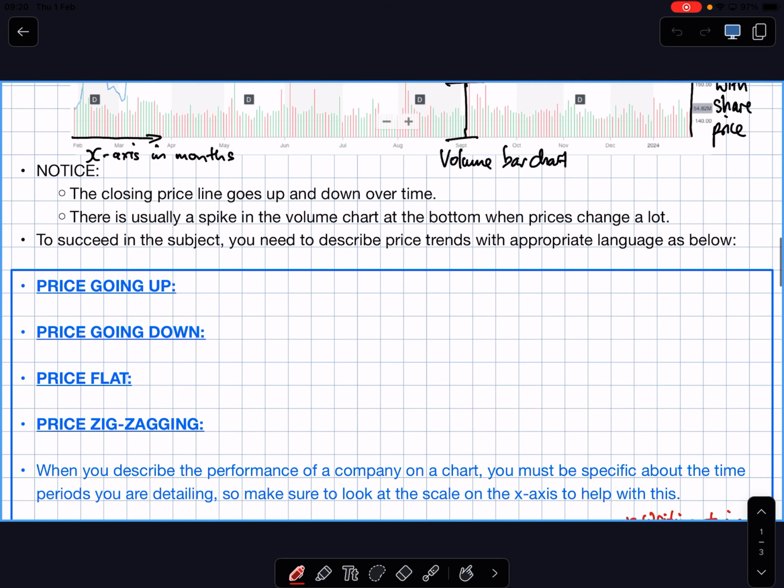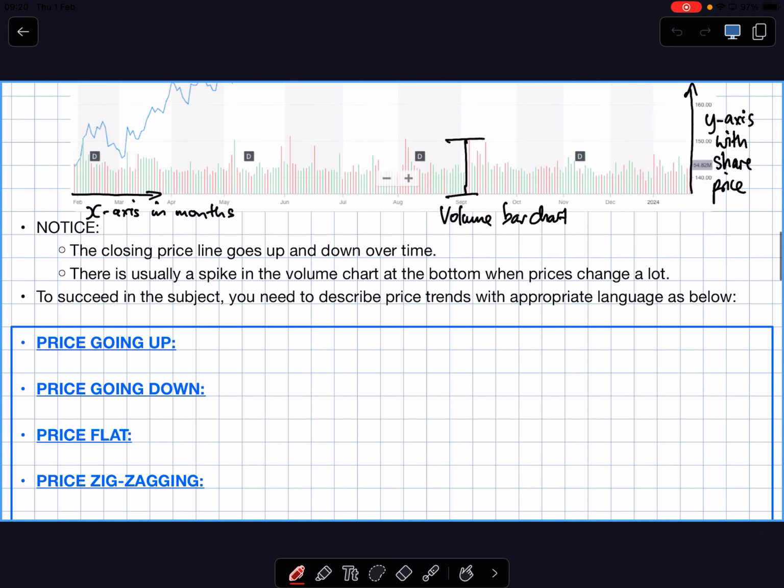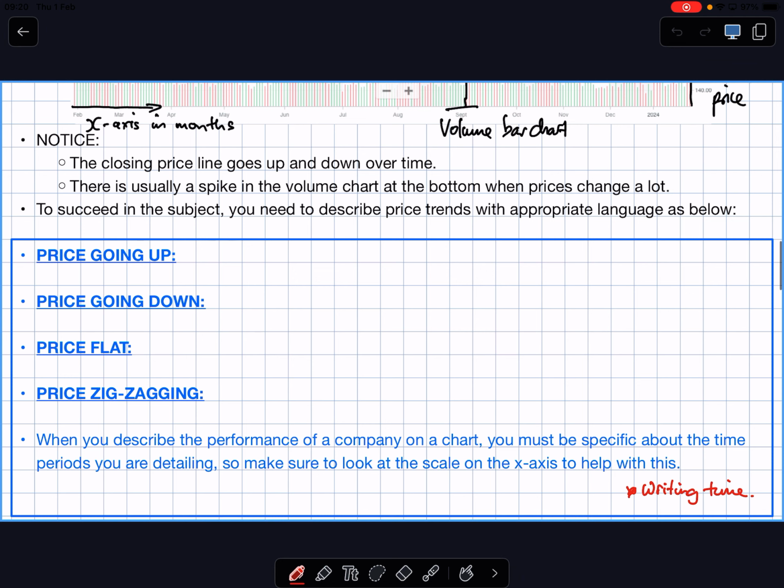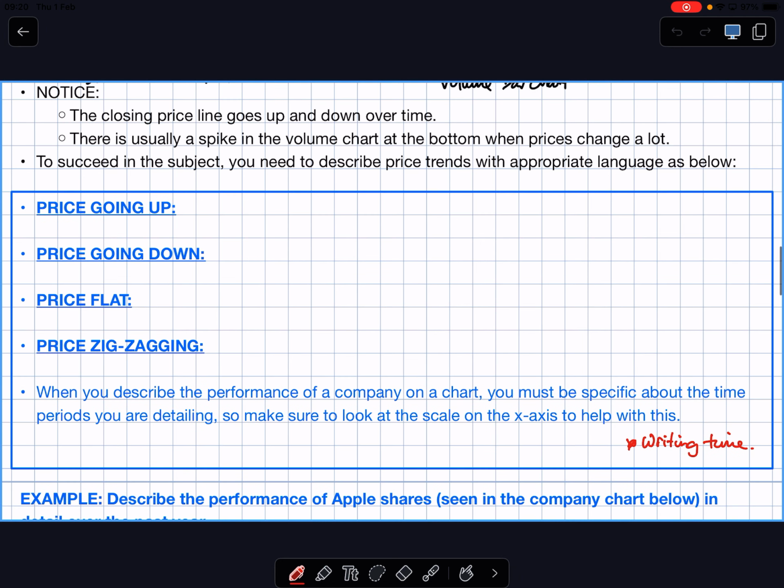To succeed in this subject, you need to describe price trends with appropriate language. If in your DI you were to say, the line went up, that wouldn't be appropriate language. We're Year 12s now. Can you suggest a more professional or higher level way of saying that something went up? Increase, yep, that's the most basic. Climbed, yes.